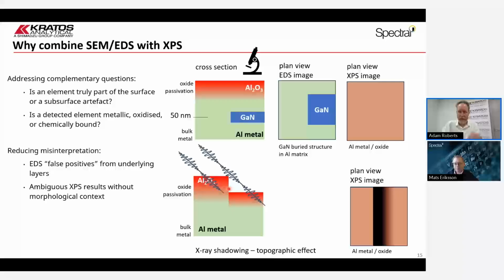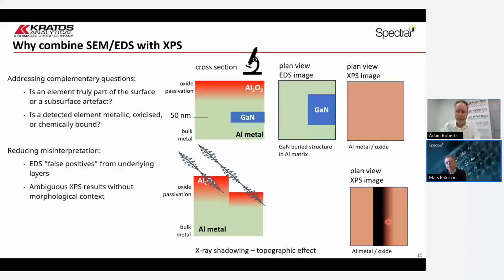This topography can cause shadowing of the X-rays. So I've got an area of my sample here where the X-rays are not hitting the sample. I'm not creating photoelectrons. So all of a sudden, my XPS image has this dark band where I'm not generating photoelectrons. And I may think that I've got distribution of the aluminium at the surface, but it's just purely a topographical effect. So that's where the two techniques can be very complementary to each other.